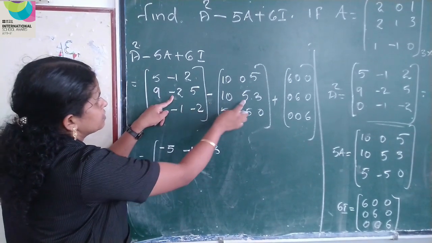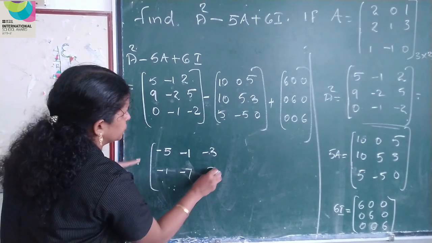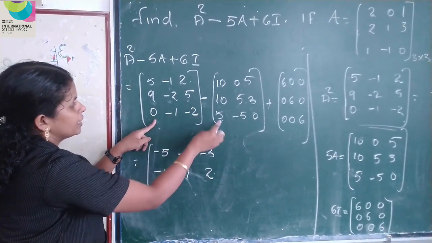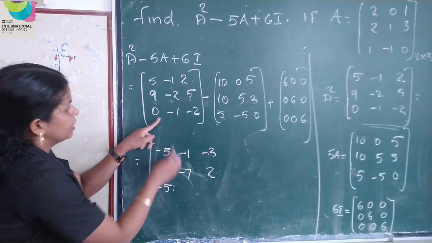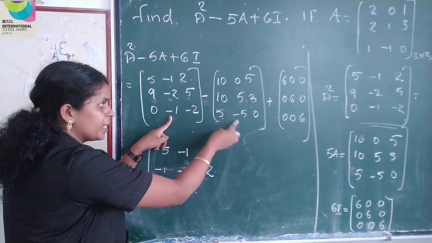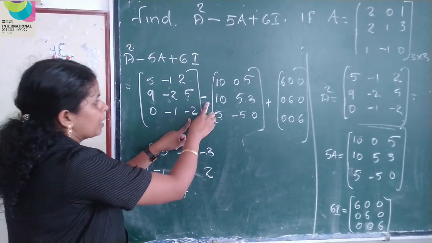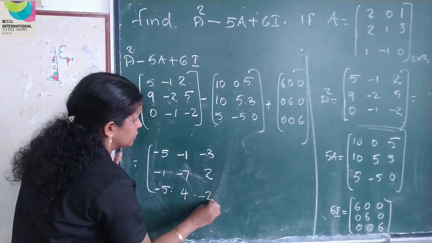Minus 2 minus 5, that means minus 7. 5 minus 3, 2. Here 0 minus 5, that means minus 5. Minus 1 minus minus 5, so that means minus 1 plus 5. Minus 1 plus 5 is what? 4. Minus 2 minus 0, that means minus 2.